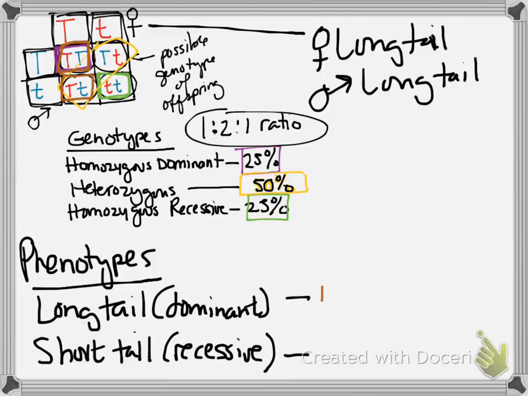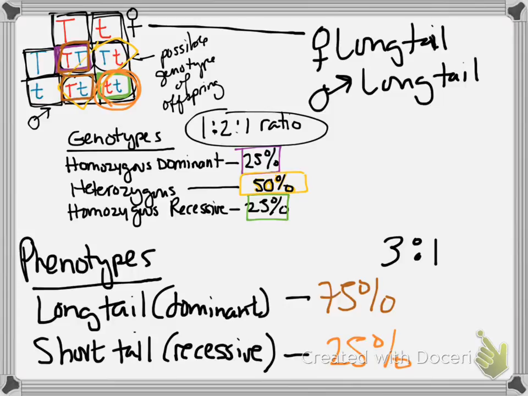So 3 of their 4 offspring are going to have long tails. 75% of their offspring are going to have long tails, 3 out of 4. But what percentage of their offspring are going to have a short tail? Yeah. That last quarter will be the little oddball in its family. This little beaver is going to have a short tail. So the phenotypic ratio for a heterozygous cross is 3 to 1.